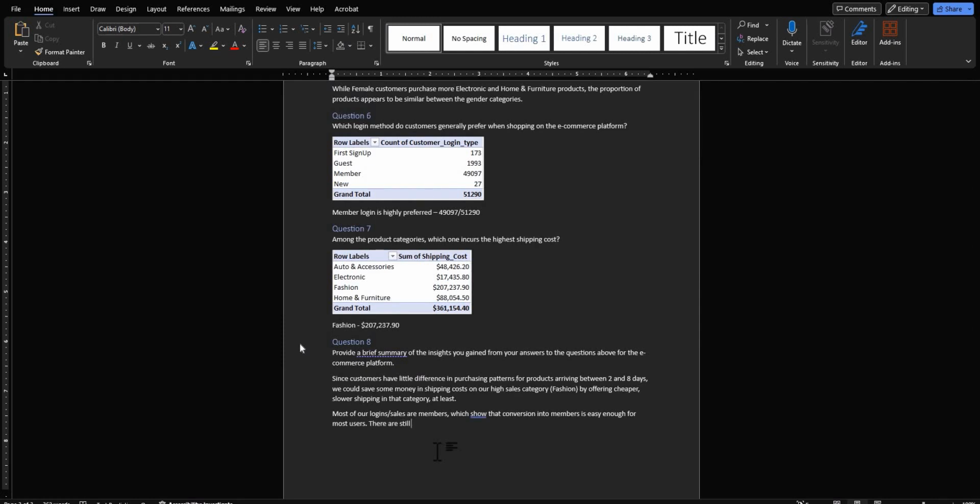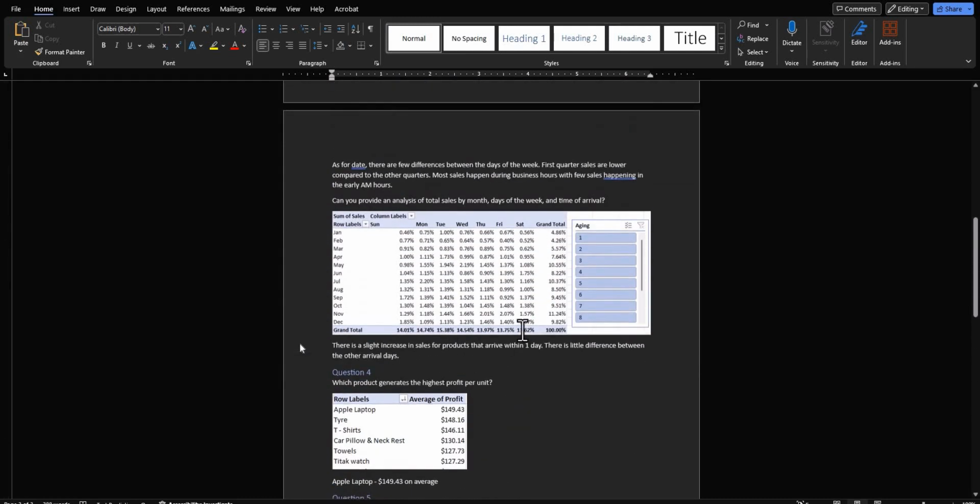There are still about 2,000 guest logins that we could try to capture by making the membership sign-up process easier, perhaps by quickly offering it mid-funnel transaction.